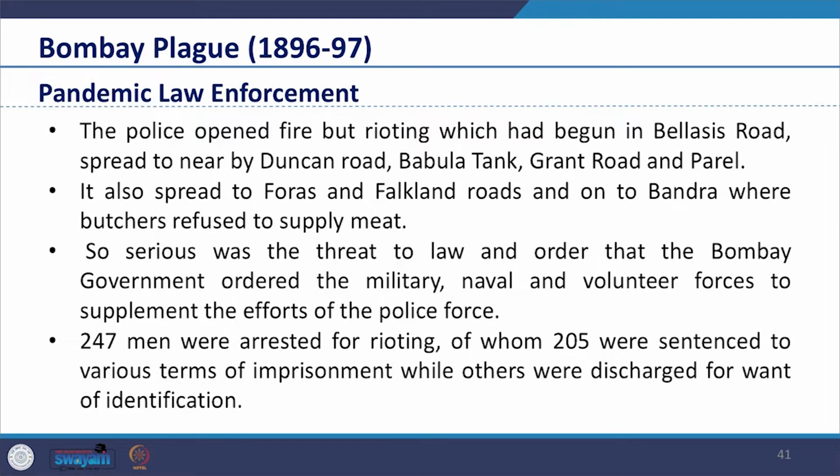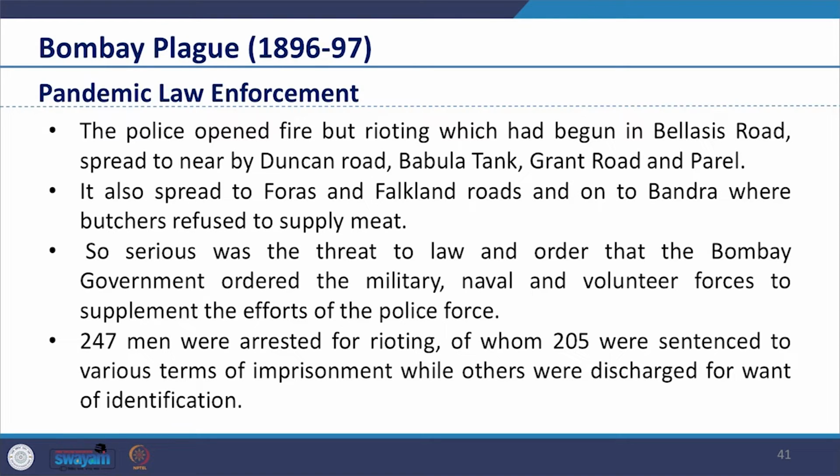The police opened fire, but rioting, which had begun in Belasis Road, spread to nearby Duncan Road, Babula Tank, Grant Road, and Parel. It also spread to Forjett and Falkland roads and to Bandra, where butchers refused to supply meat.